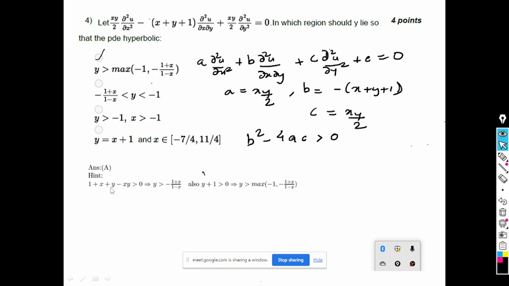You have to find which of the four options represents this equation. For space, that is x, del square u by del x square and del u by del x, you have to use central difference approximation, and for time, del u by del t, you have to use forward difference, and you will get your answer. So please proceed with that.